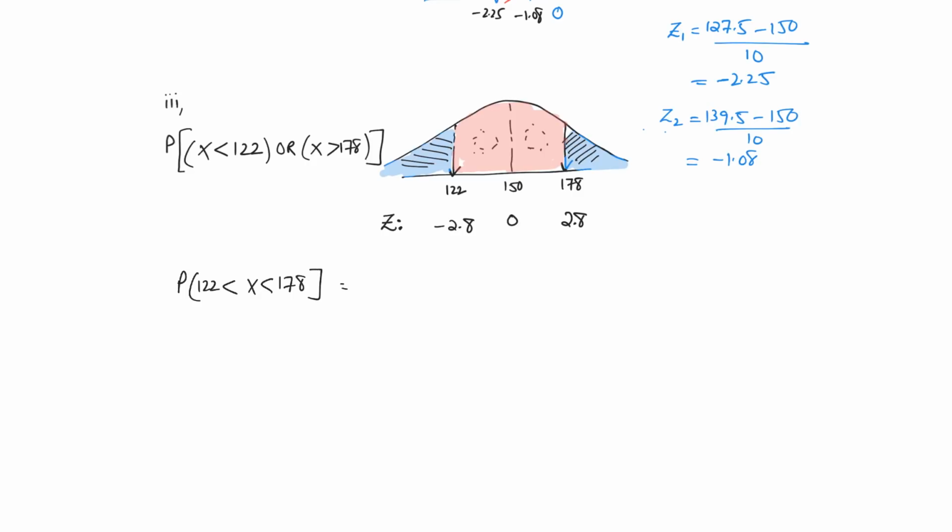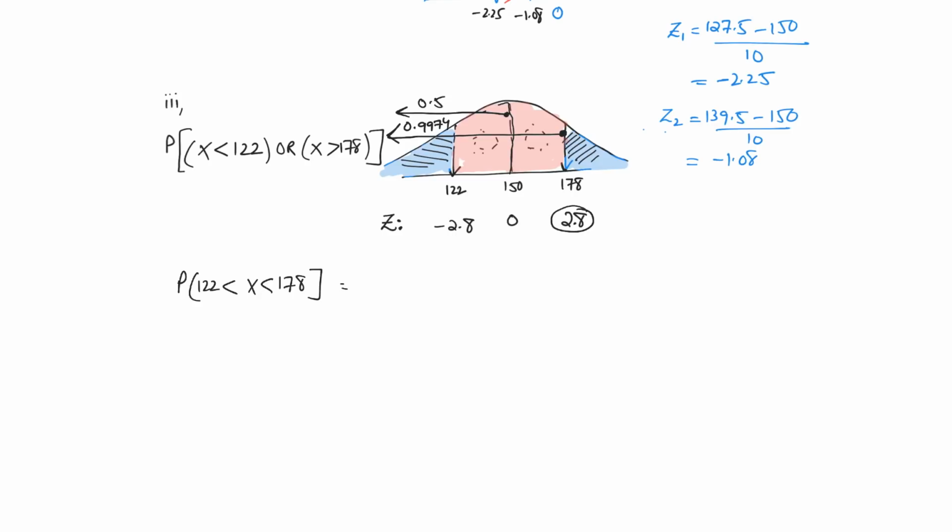Now the way I would be solving this type of question is I'll first find the probability at a z value of 2.8, which would be this, right? And I know that this region is 50%, so the probability of this region is 0.5. So if you try to find the probability at 2.8 z value, you will get 0.9974.